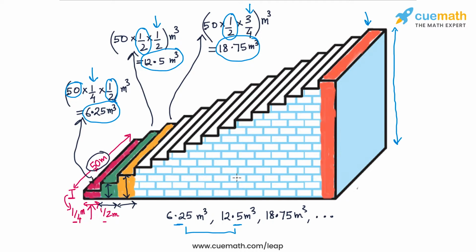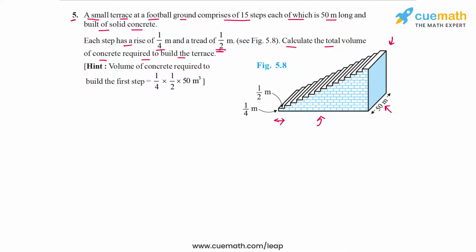So let's do that now. The total volume of the structure can be written as 6.25 meter cube plus 12.5 meter cube plus 18.75 meter cube, and so on. And this progression will continue for 15 terms because there are a total of 15 steps.